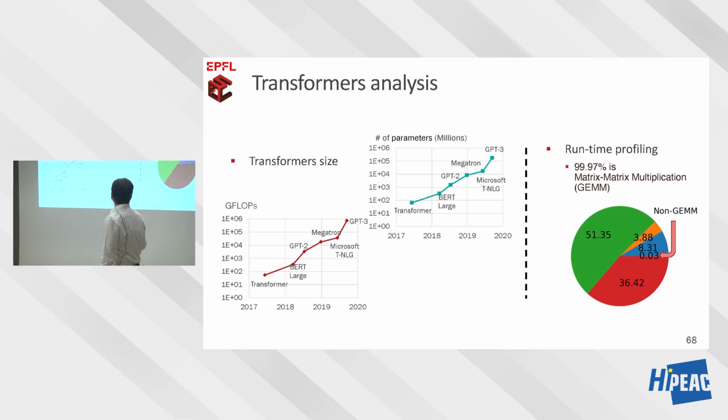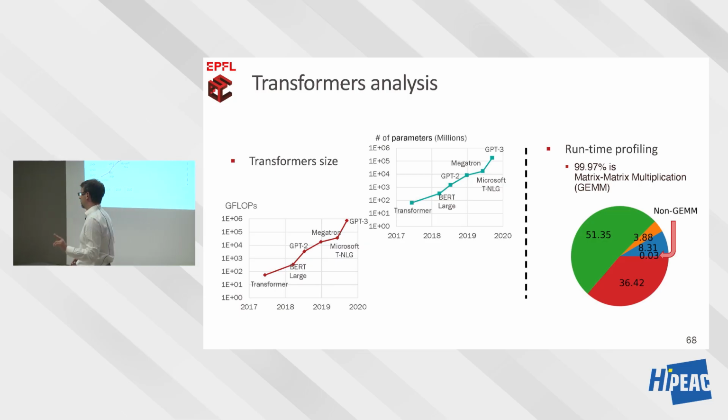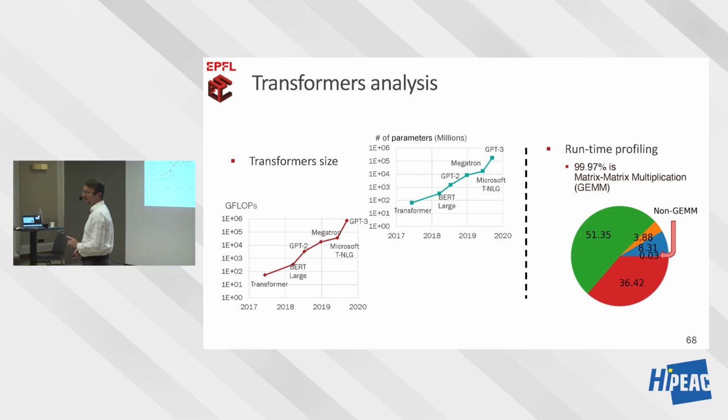So this is a little example which we did for a standard transformer, which is very large, on a fairly common architecture. And 99.97% of our runtime was spent in exactly one kernel, which is the matrix-to-matrix multiplication, which gives kind of an obvious target for what we really want to accelerate when we're talking about transformers.